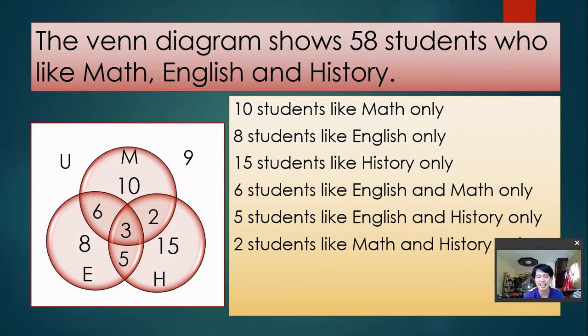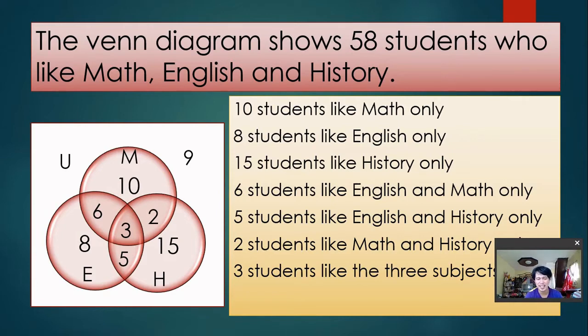These 2 students like math and history. So 2 belongs to circle M and circle H. Now, what is 3? These 3 students like the 3 subjects. So these students like math, English, and history.